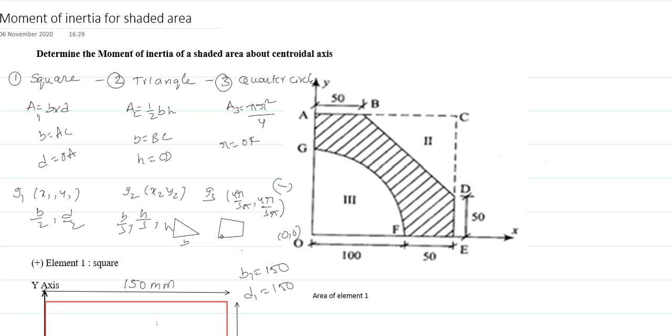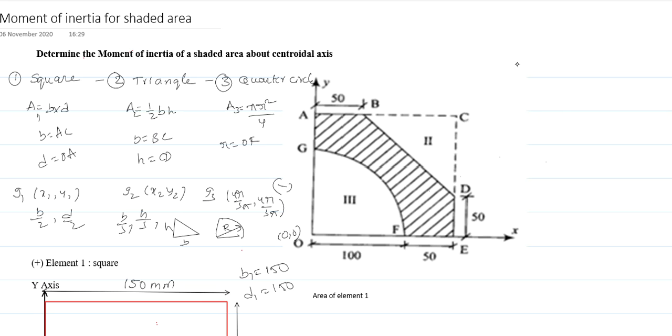For the following figure, this is radius r, small r or capital R, whatever. The centroid of any quarter circle is 4r by 3 pi comma 4r by 3 pi. These are the formulas you must remember before going to solve the centroid.